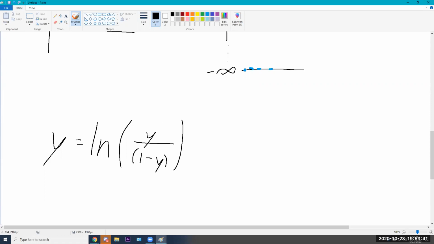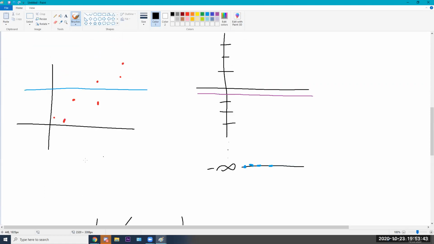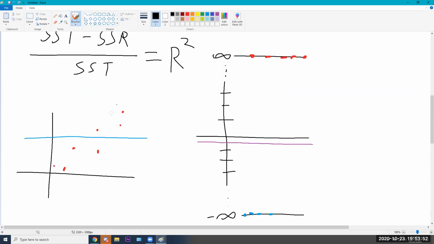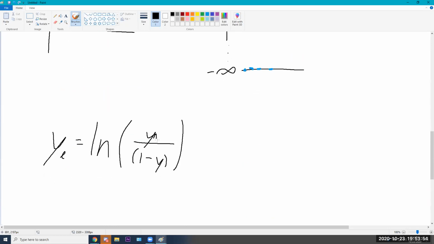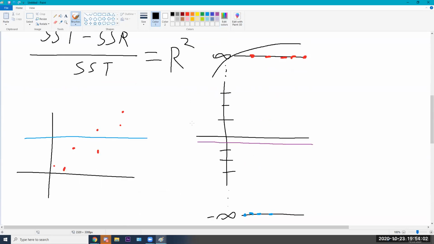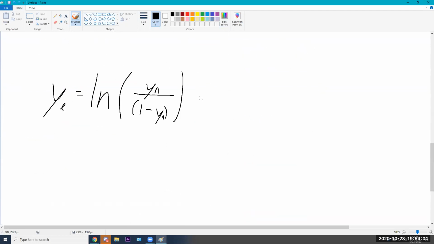Let's denote this YL for Y logit space. Instead of going from our Y normal, so I'll just write YN, to our Y logit space, we're going to have to go backwards. Convert this whole thing back into a normal graph.